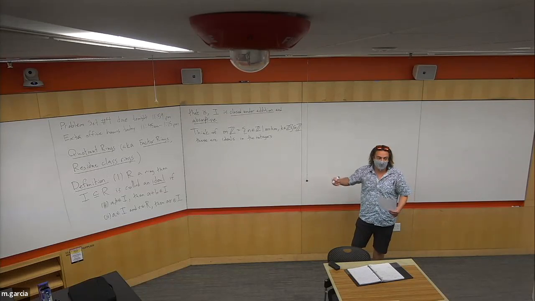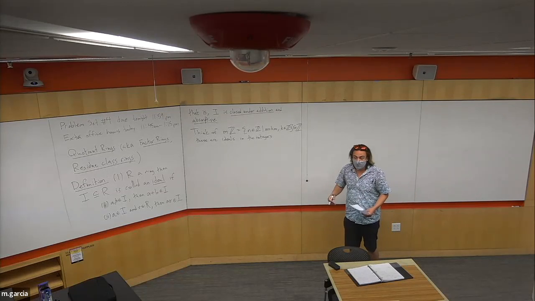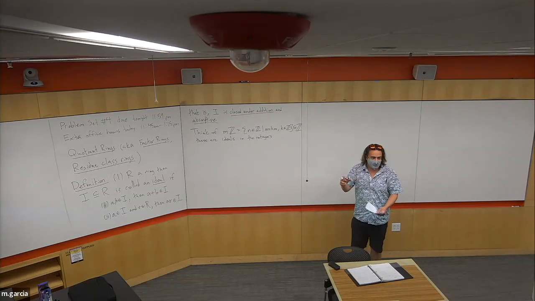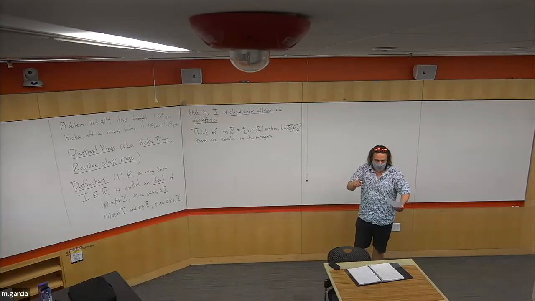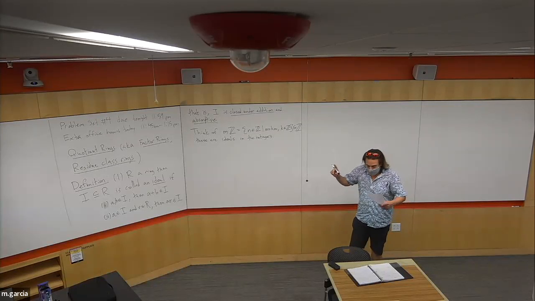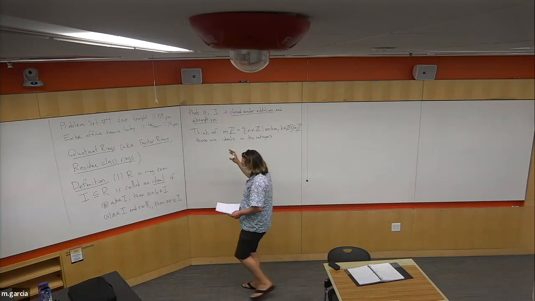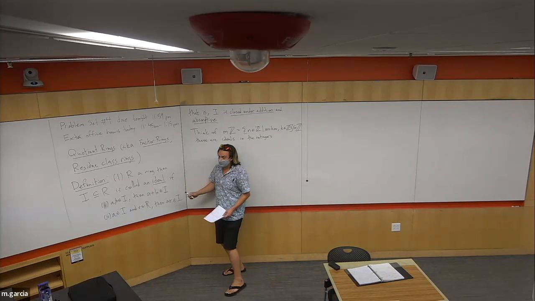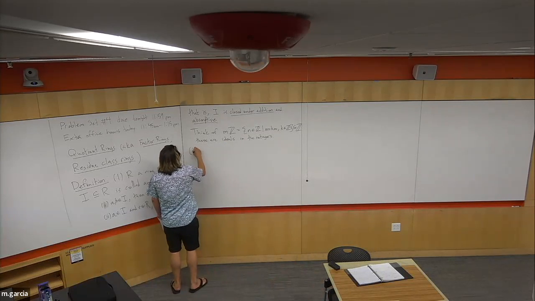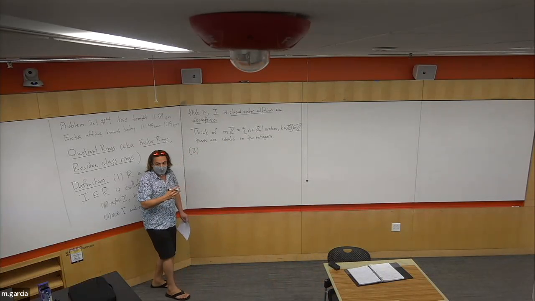That successively divided one another. That's also an ideal. That's why I asked you to star this thing, because I want you to go back and look at what we did in that proof and make it reconcile with this definition. And I'll give you a second definition that will help you do that.